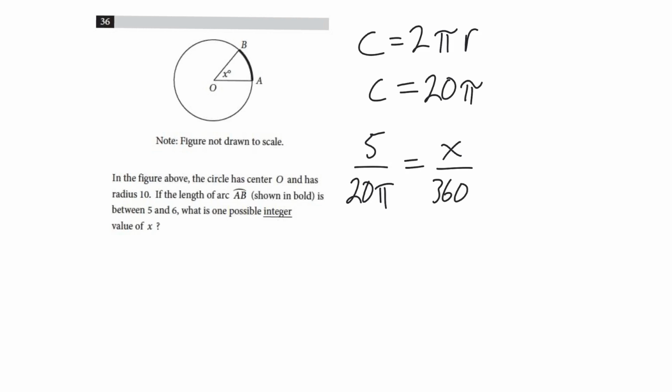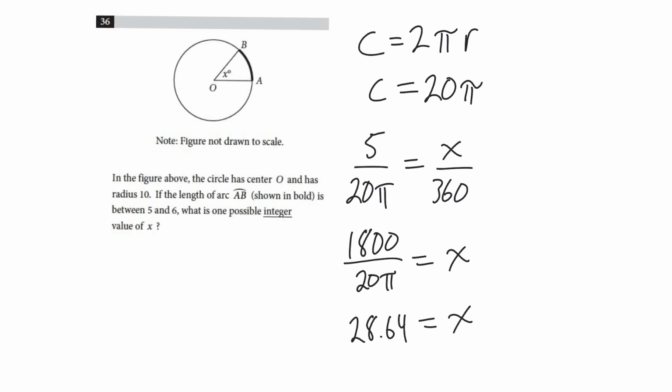To solve this, we'll multiply both sides by 360. 5 times 360 is 1800. 1800 over 20 pi equals x. So 1800 divided by 20 pi equals 28.64. So we know that that's the minimum value of x.